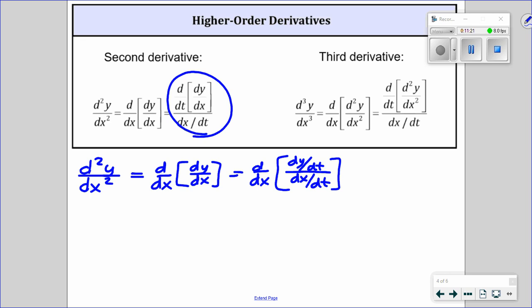Now with a little manipulating, this is equal to the derivative with respect to time of dy over dt divided by dx over dt, times dt over dx. Notice if I were to cross reduce the dt's, I would get back here, so these two are equal.